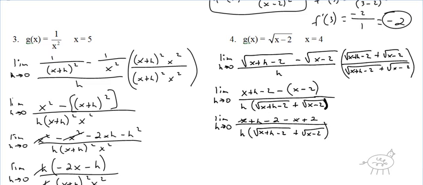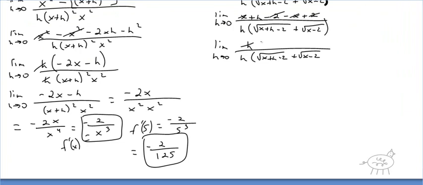Okay, and then, of course, the x's cancel. It's nice. And the 2's cancel. And we'll wind up with the limit as h approaches 0 of just h, sweet, over h times the square root of x plus h minus 2 plus the square root of x minus 2.